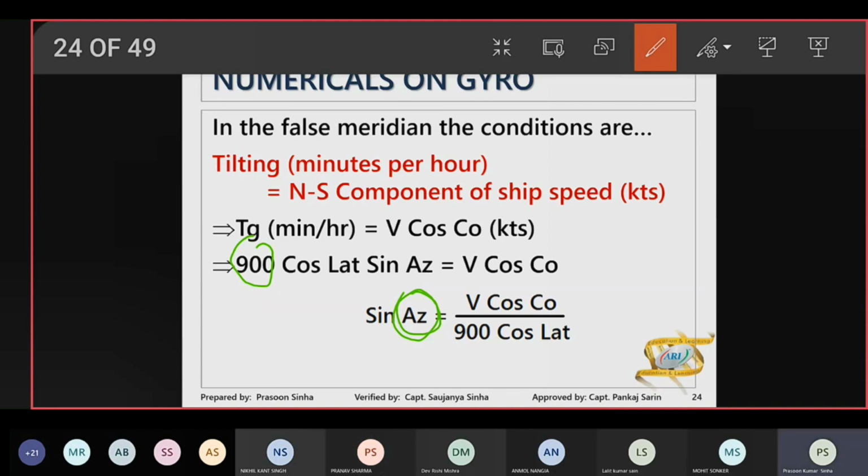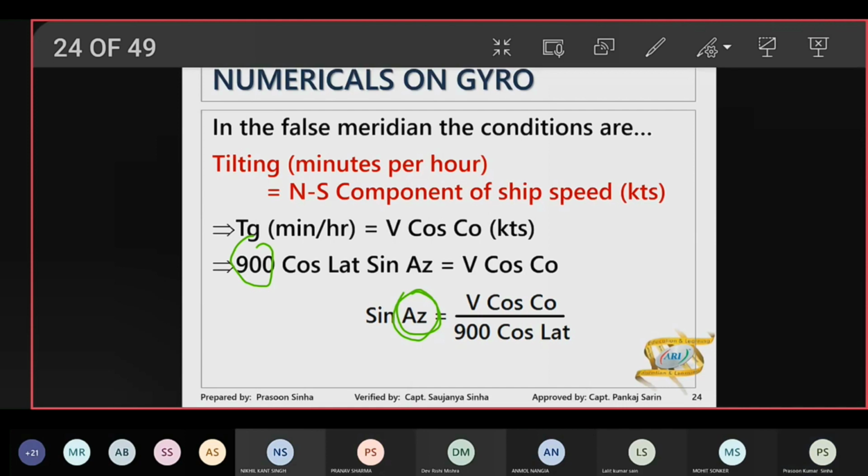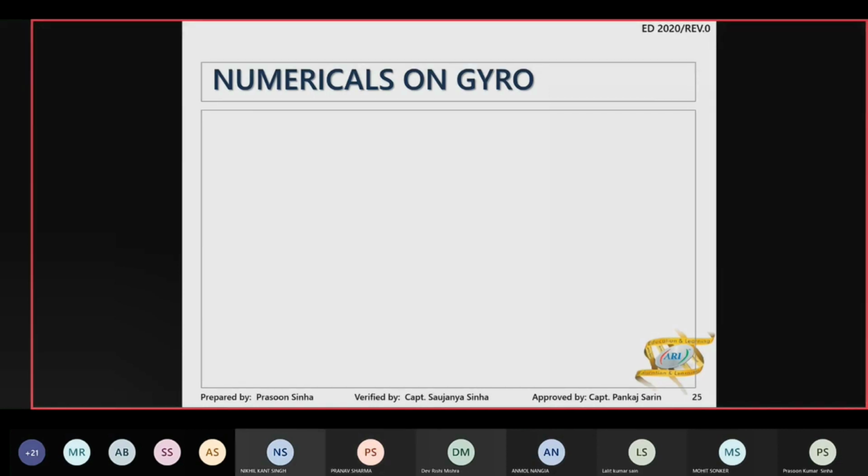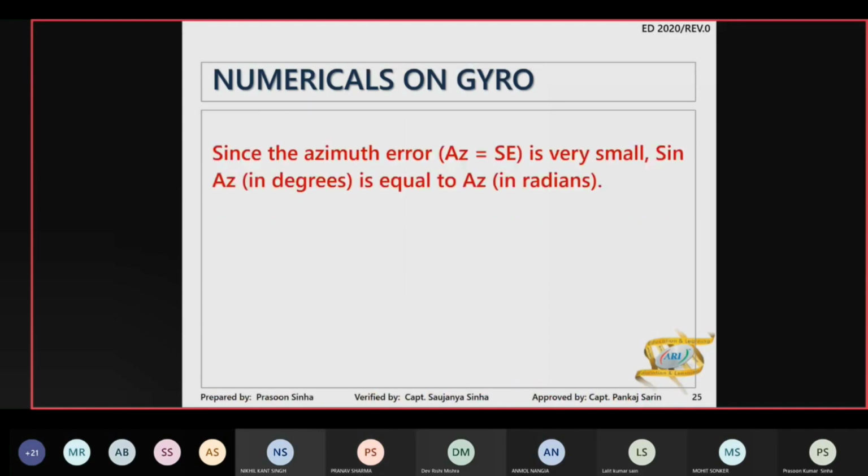Let us see one step further. Normally, the errors that we see are 1 degree, 1.5 degrees, like this.